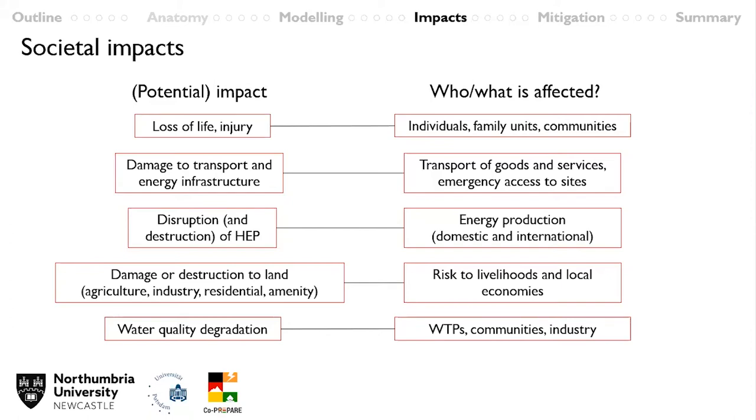We can have disruption or outright destruction of hydropower facilities, with implications for energy production, both domestic and international, where some of that power is exported overseas. Damage or destruction to land, agriculture, industry, residential settlements, and amenity value land as well, which can cause risk to livelihoods and affect local economies directly or indirectly.